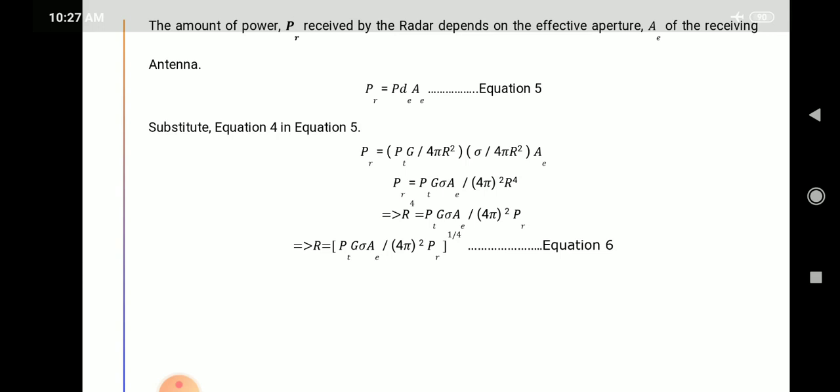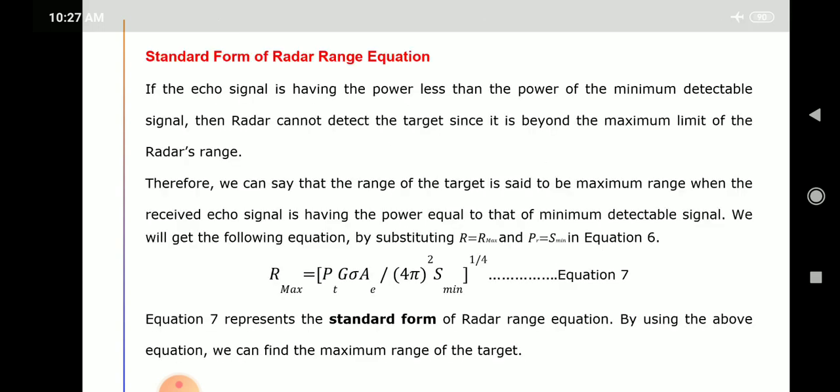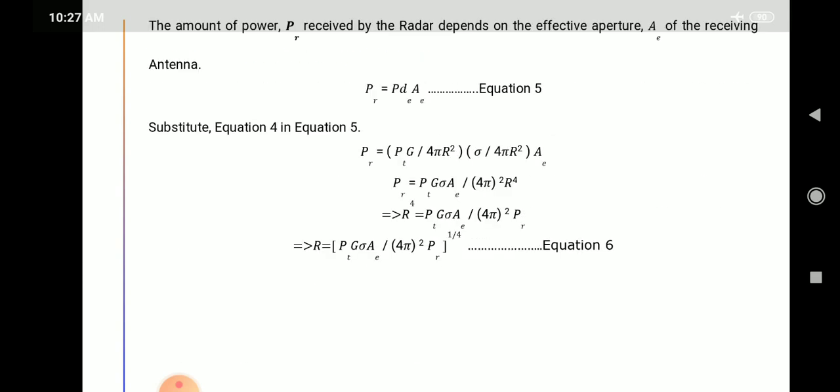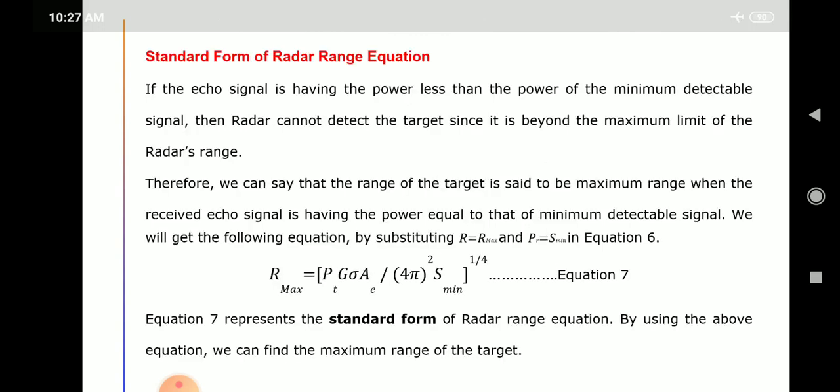On simplification, we get R to the power 4 is equal to PTG sigma AE upon 4 pi whole square PR, and R is equal to PTG sigma AE upon 4 pi whole square PR to the power 1 by 4. This is the final equation, the standard form of the radar range equation.